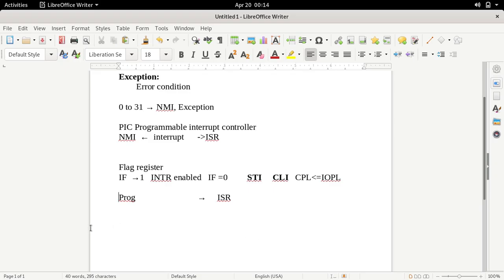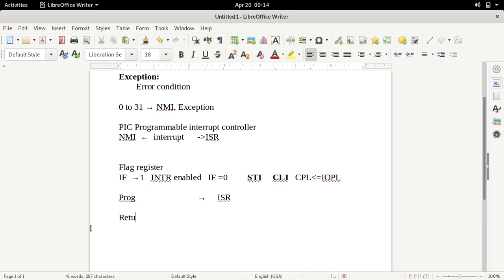Suppose this program is under execution and some interrupt occurs, so control should go to the ISR of that particular interrupt. Before transferring control to the ISR, the 80386 will push something onto the stack. So what is that something?